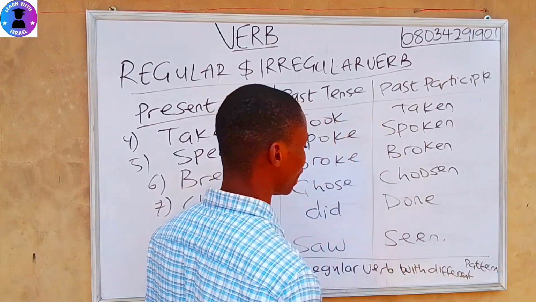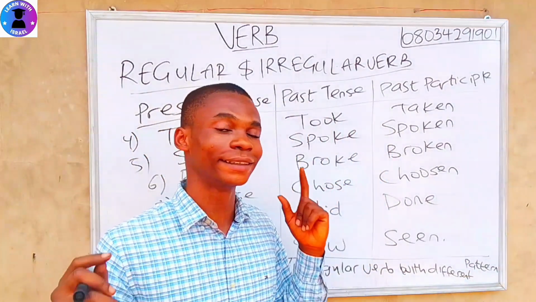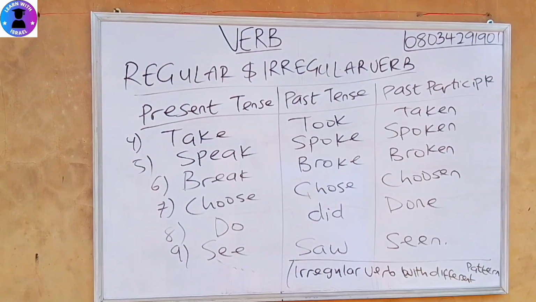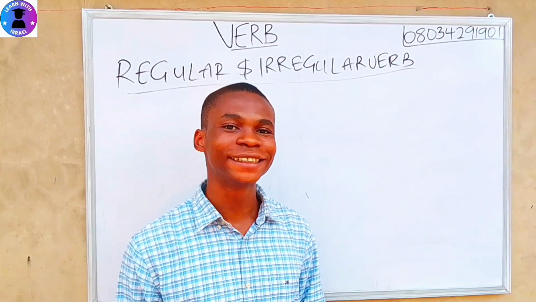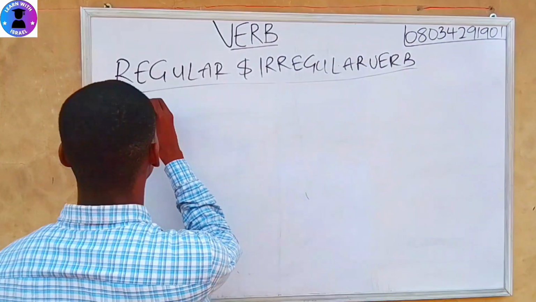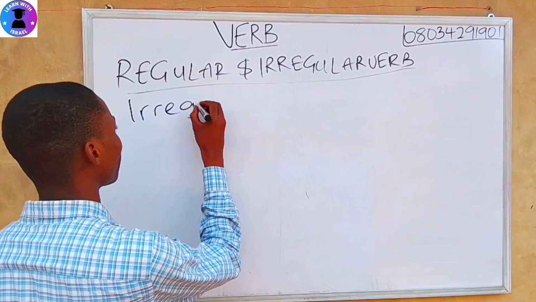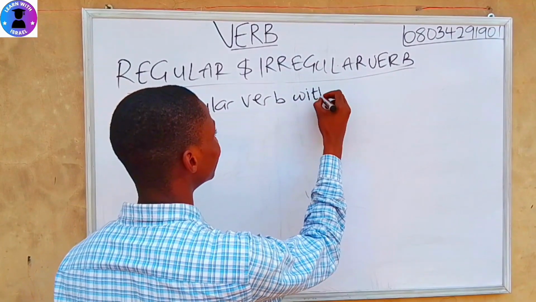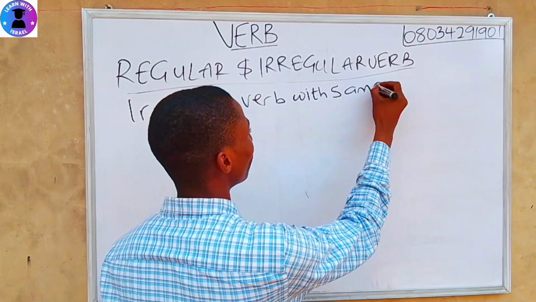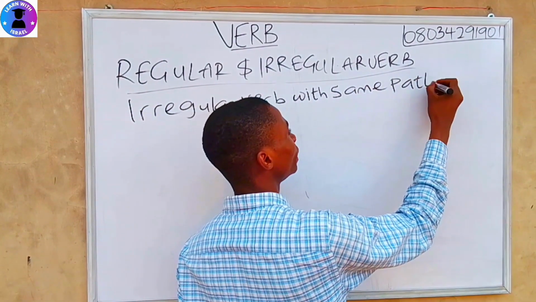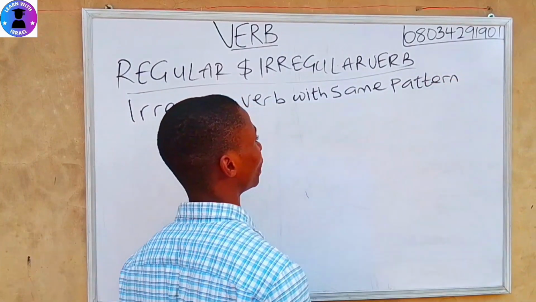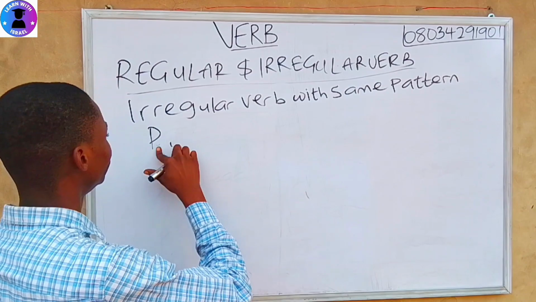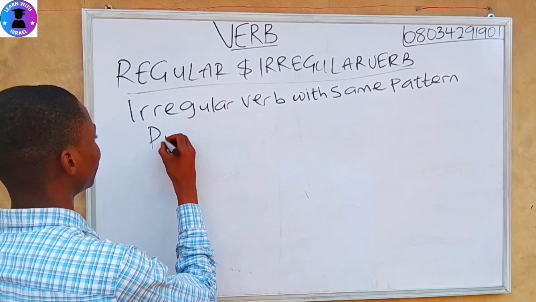So let me give examples of irregular verbs with the same pattern. We've discussed irregular verbs with different patterns. So let's discuss the same pattern.